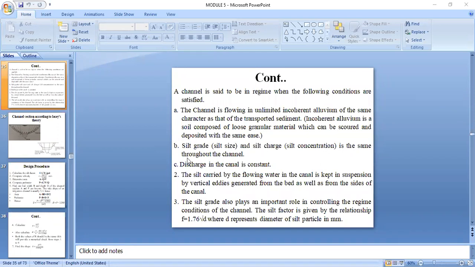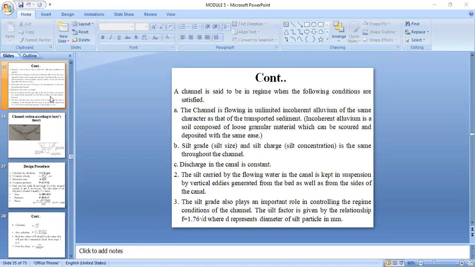Now, these are some of the revelations that have been made by Lacey's method of channel design. That means Lacey has defined a regime channel as one which has the freedom to form its own cross section. And a channel is said to be in regime when these conditions are followed.